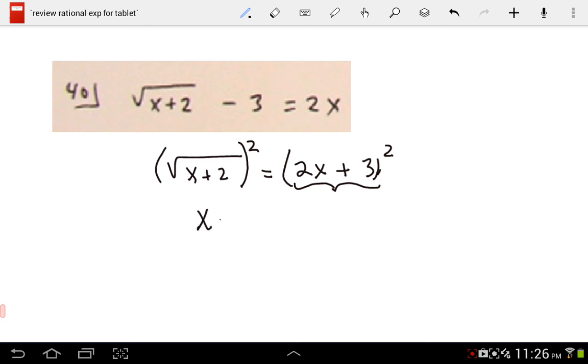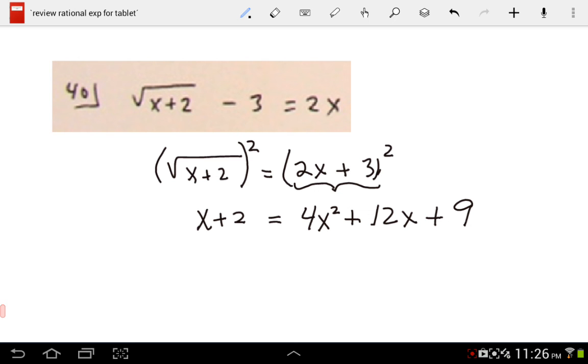So we get x plus 2 equals, now let's square, double square here, 2x squared would be 4x squared. And then twice our product. Now our product is 6x, not 3x. So if this is 6x and I double that, then that would be 12x. And then 3 squared, of course, is just 9.